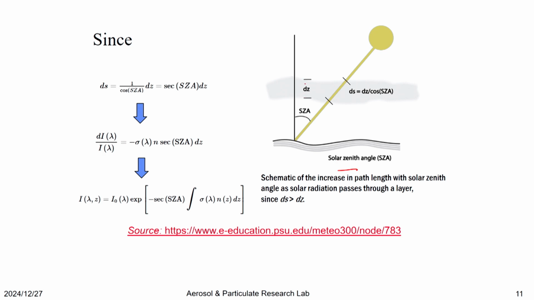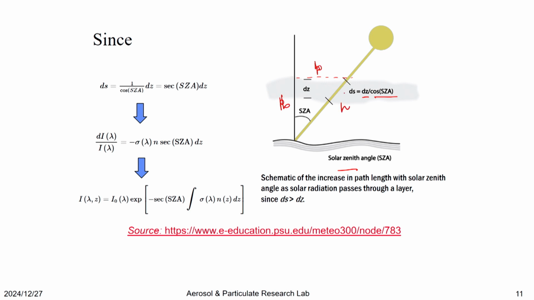If you calculate this thickness dz, when the sun radiation is coming from this direction, ds will be dz upon cos of this angle. So you can put it here. Imagine a right triangle: this is the perpendicular, this is the base, and this is the hypotenuse.